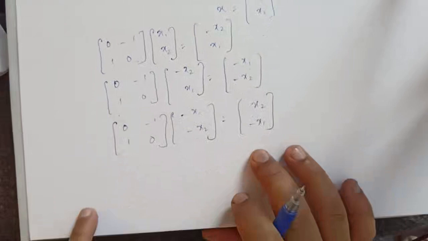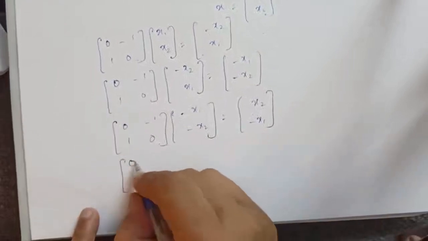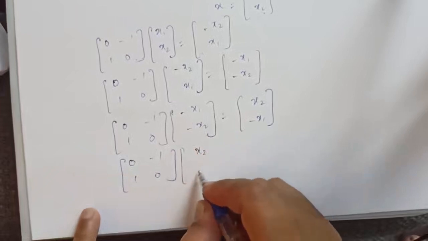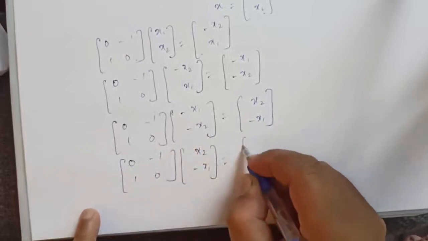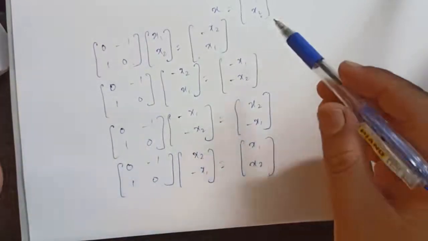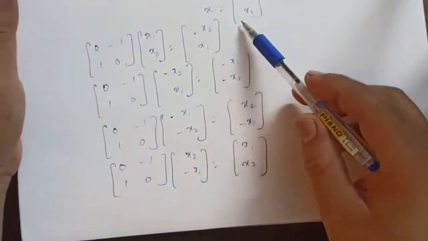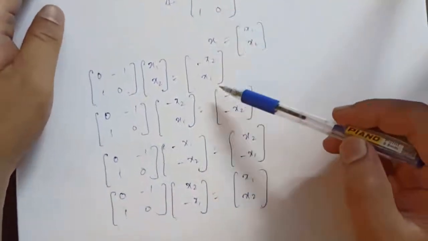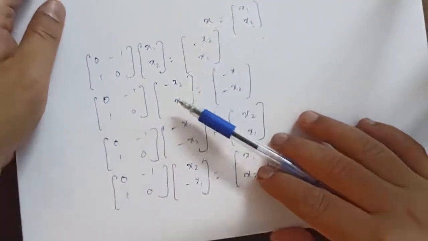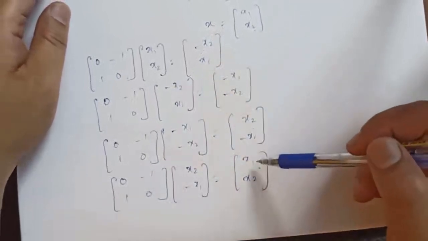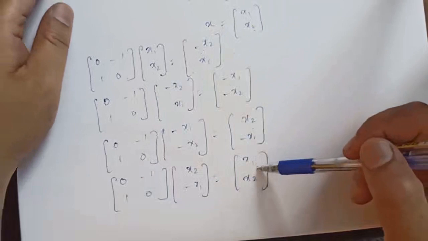Similarly, for the last time, 0 minus 1, 1 0 multiplied with x2 and minus x1 gives x1 and x2. So this matrix A was rotating this vector by 90 degrees every time, and after 360 degrees it came back to its original position.